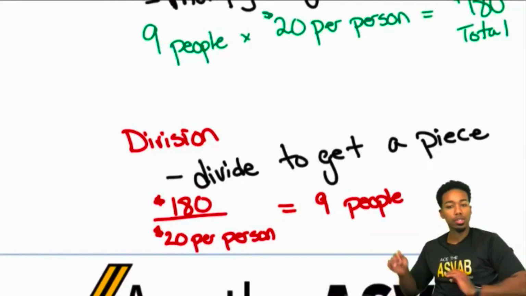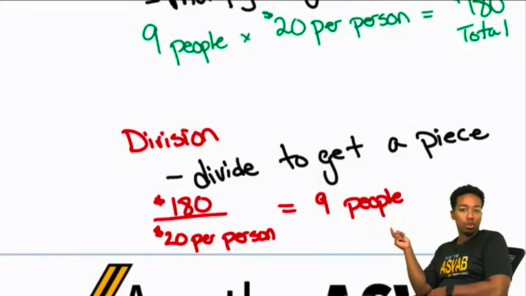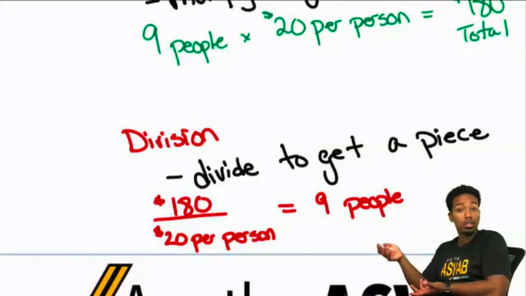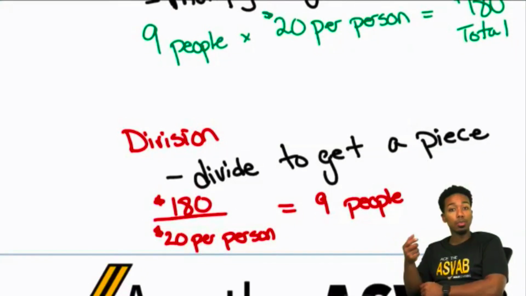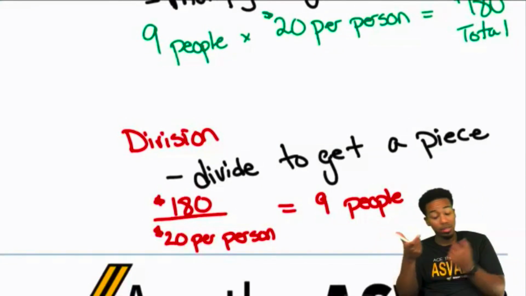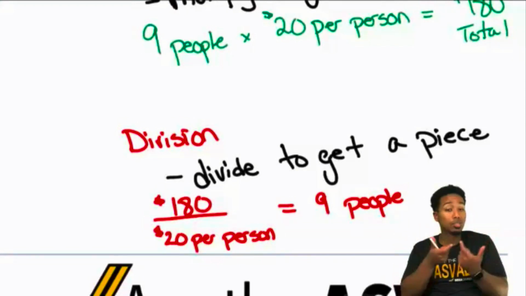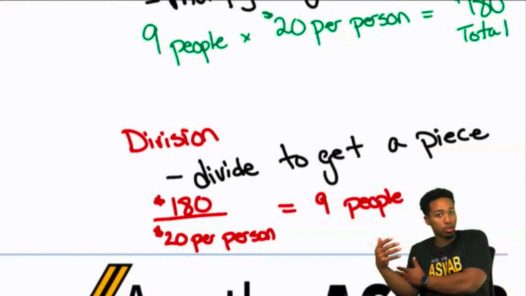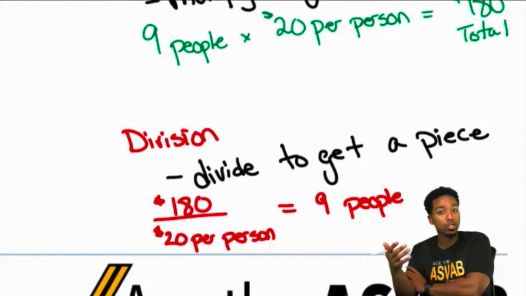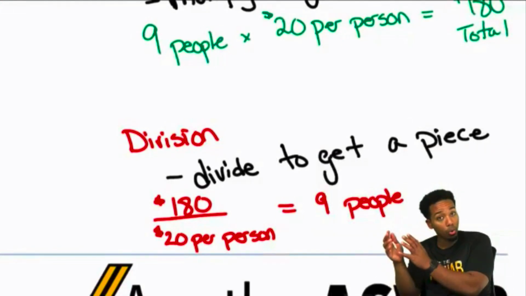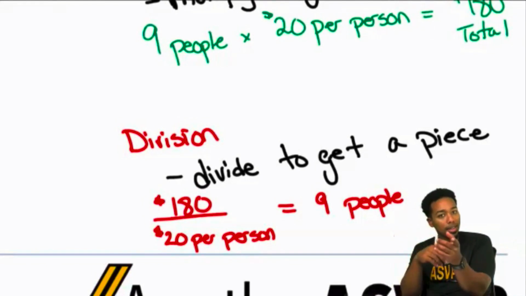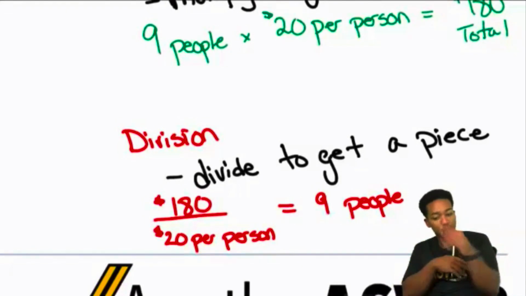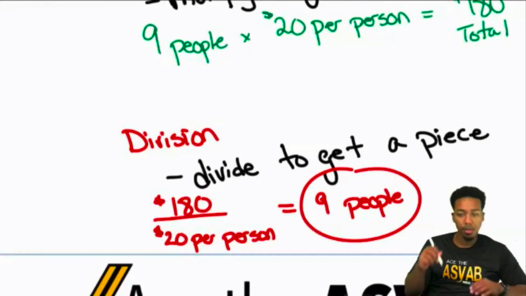So notice, the 9 people is not the grand total of the whole situation. The grand total of the whole situation is the total bill. Because I think we can notice that the people times the amount per person is what gives you the total. But if you wanted to work backwards with the word per or for every or each, then you would start with the total, divide it by that thing with the per to get a piece.